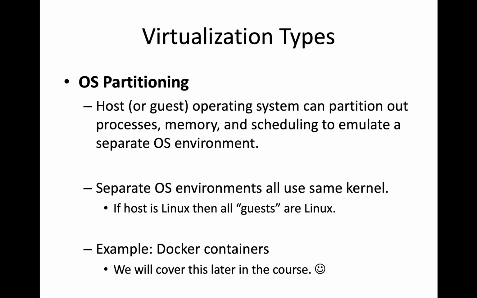With OS partitioning, you have a server with a host operating system, something like maybe Linux, and that operating system is able to partition out processes, memory, and the scheduling of CPU, and it's able to carve out processes that look like and act like separate operating system environments. They're not actually separate virtual machines in a traditional sense. These are like super processes, as we'll discover later in the class.